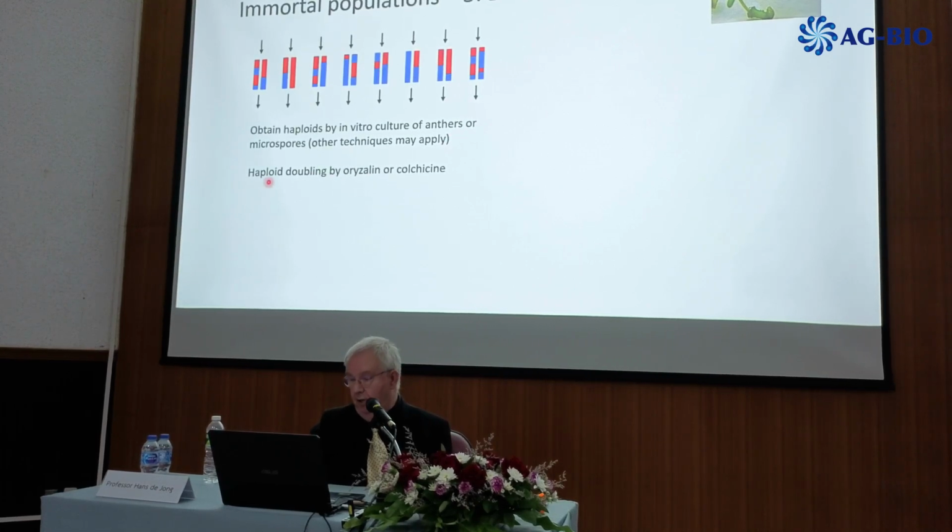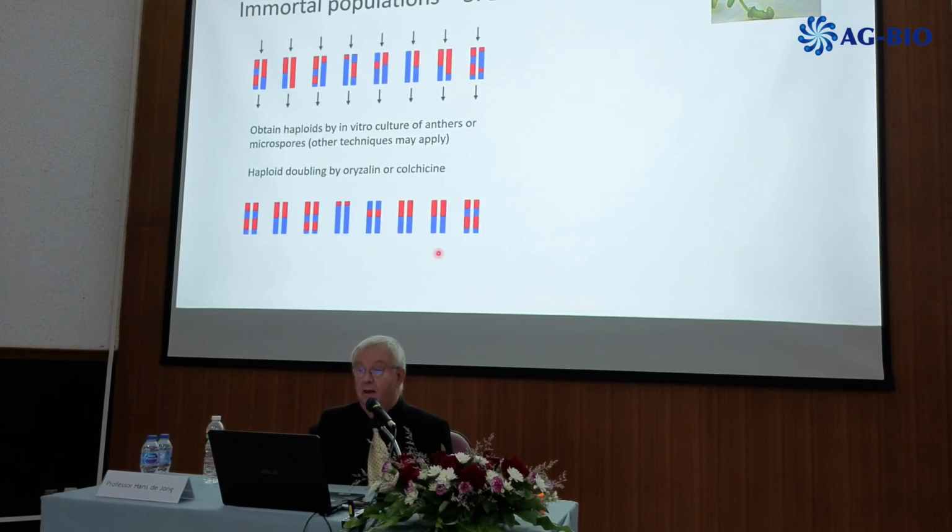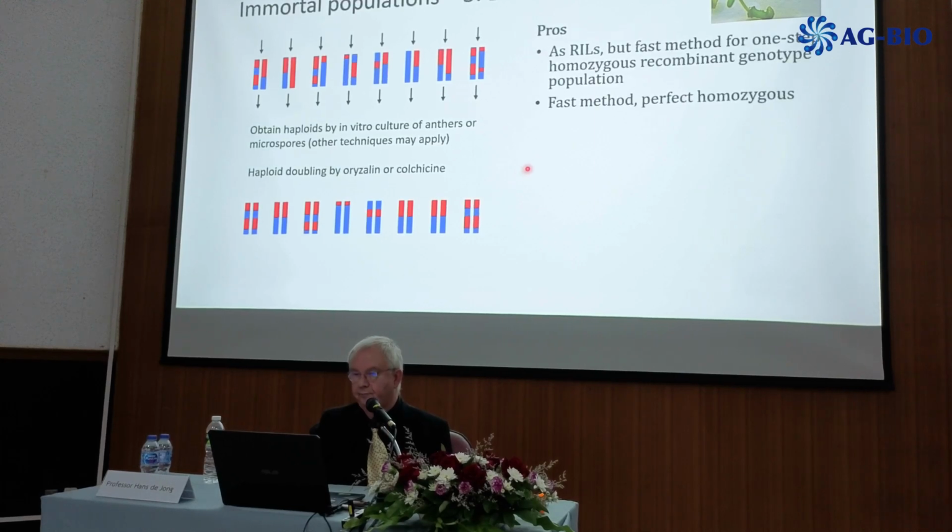The haploids can be doubled by oryzalin or colchicine, or in Arabidopsis, if you have a haploid plant and you grow it in your growing chamber, you can see some branches which spontaneously produce double haploids, and then you are happy, because you have precisely what you want: an immortal population of doubled haploids, which are perfectly 100% homozygous.